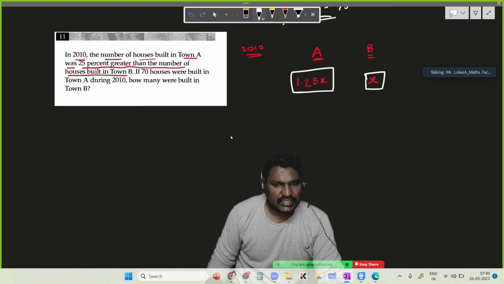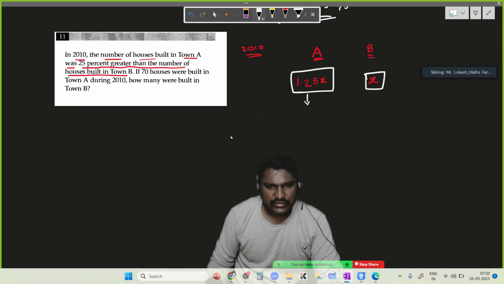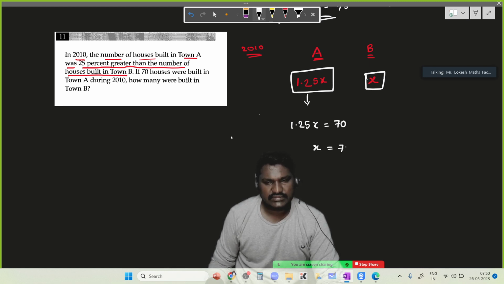Now, if 70 houses were built in town A during 2010, that means if this value is equal to 70 houses, then what is the value of X? Very simple, X is equal to 70 by 1.25.